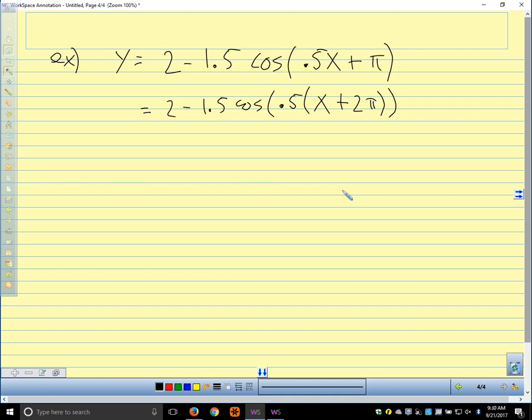All right, now we have all of our information. Our amplitude is 1.5. B is 0.5. So our period is 2 pi divided by 1/2, which is 4 pi. What is this negative 1.5?